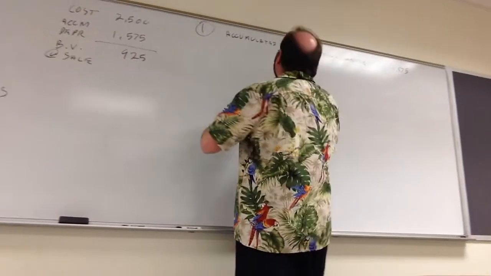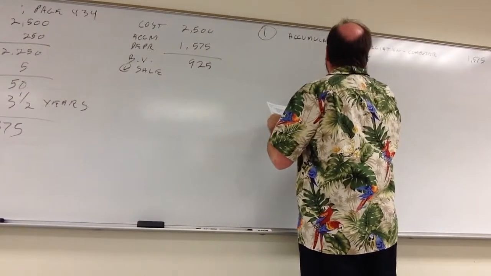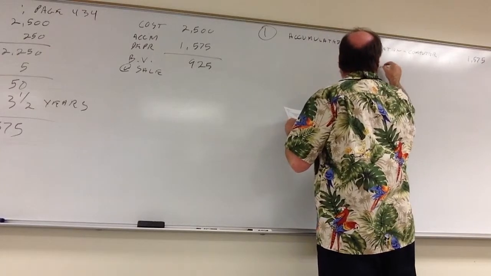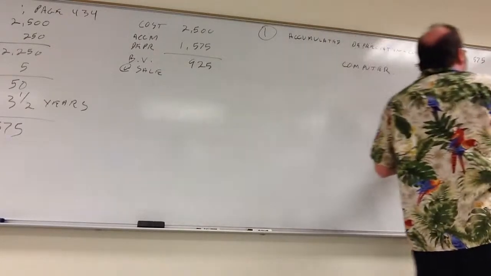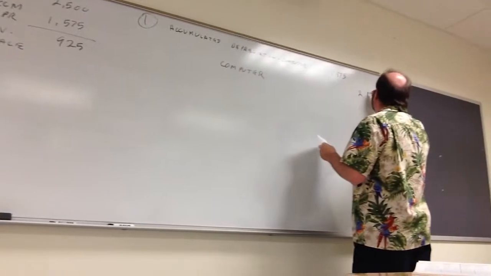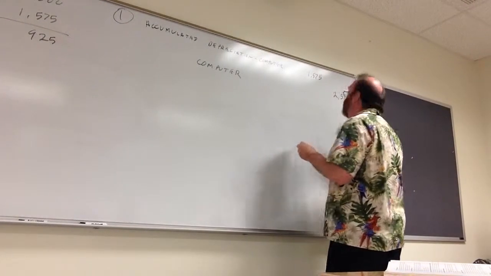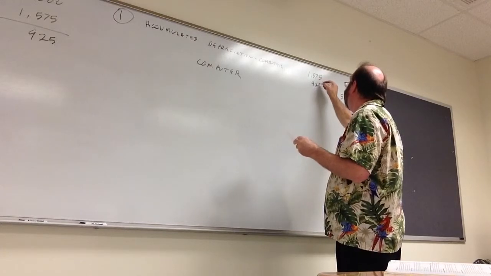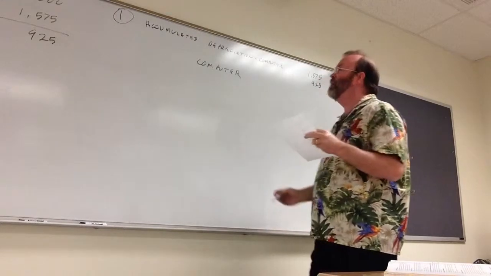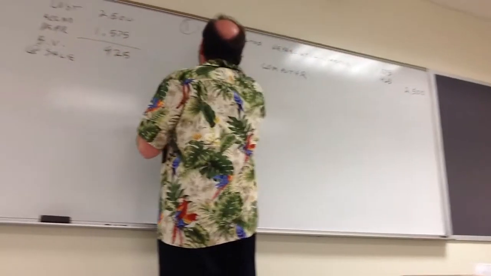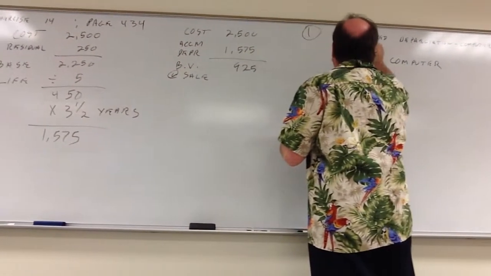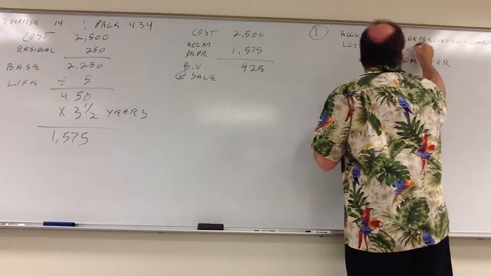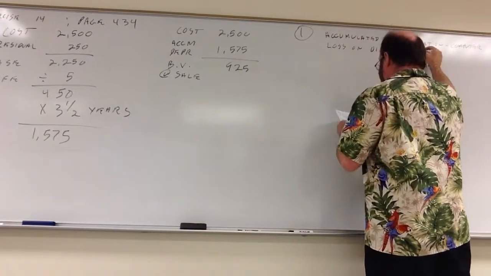We're going to then credit the computer by the 2,500 that we paid for it, and the difference, the 925 book value, is a loss on disposal of computer.